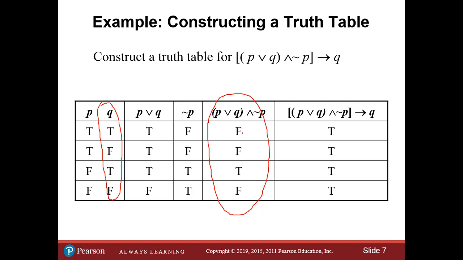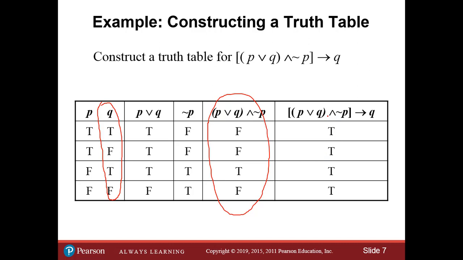Okay, so that means if this is true and this is false, then this is going to be false. So we look for true and false. Well, these are the antecedents, so this is false. 1, 2, and 3 are false. As soon as the antecedent is false, the implication has to be true. Now, this is the only true one, but look, this is also true. So that means it's true as well. So we get all trues down the column.